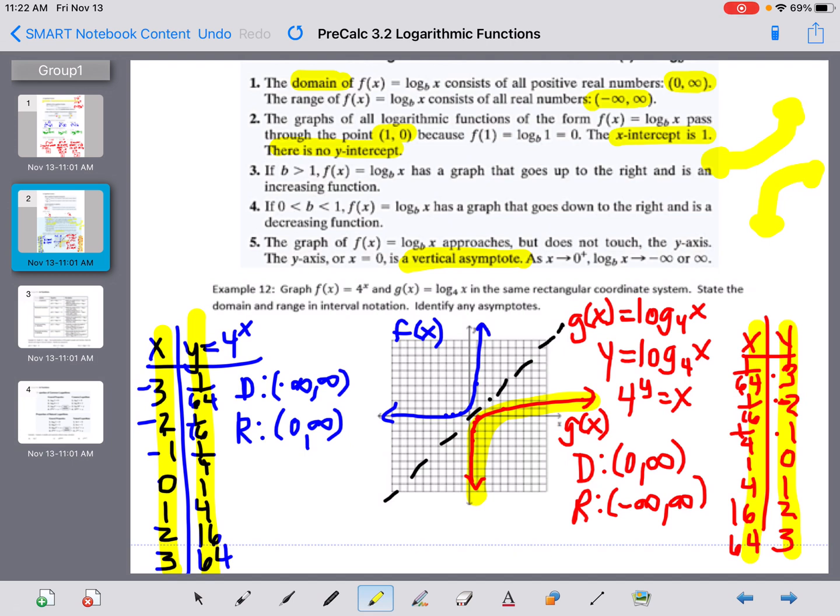So if you ignore everything in the blue here and just look at everything in the red over here, the key things to graphing your log is to turn your log into an exponential equation, plug in values for y, and solve for the x, and then plot the points you find. Okay? Okay, so let's move on to the next page and talk about our transformations.